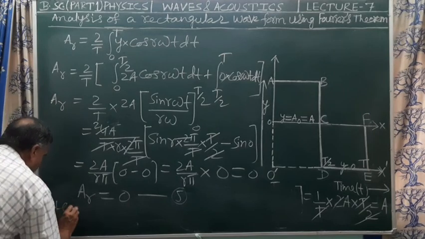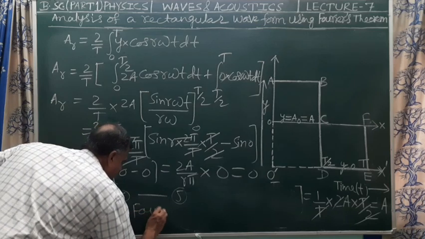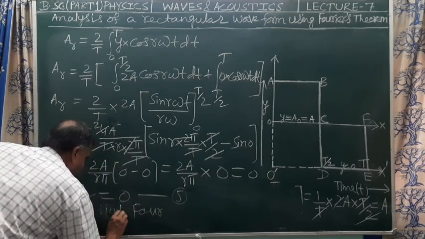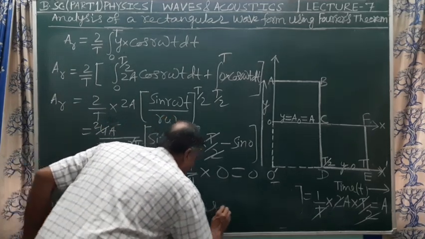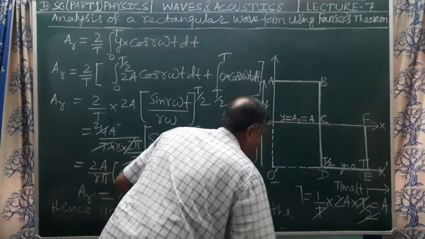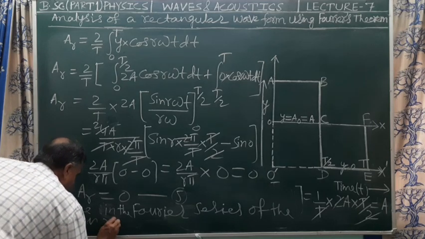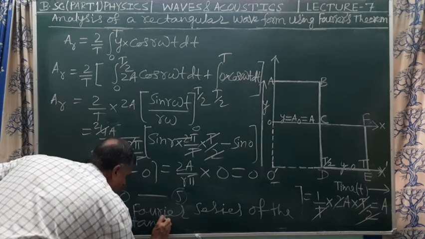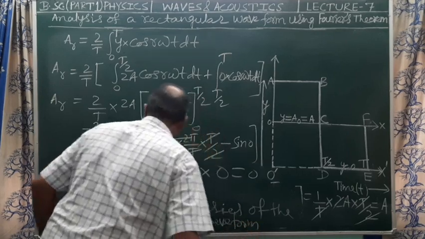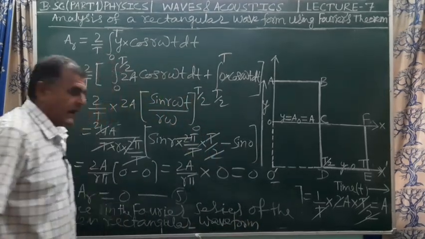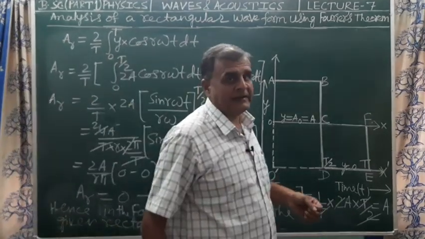Hence, in the Fourier series of the given rectangular waveform, a_r will be absent, that is, the amplitude coefficients of the cosine terms will be absent.